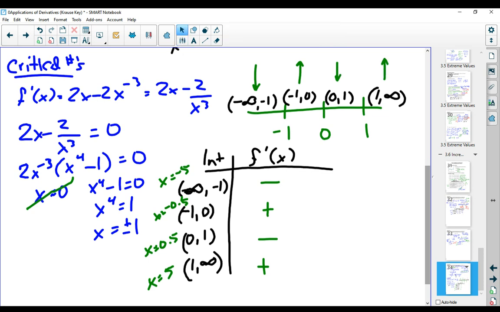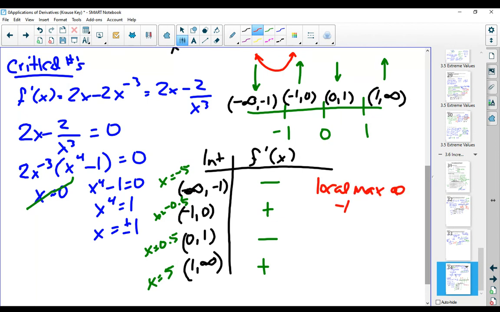So if I look at what that means, if I'm going from decreasing to increasing, that means I'm going to have a local min at -1, and subbing in, I would have -1, 2. So here's a local min. And I have an asymptote right here, so that means there's no max or min.